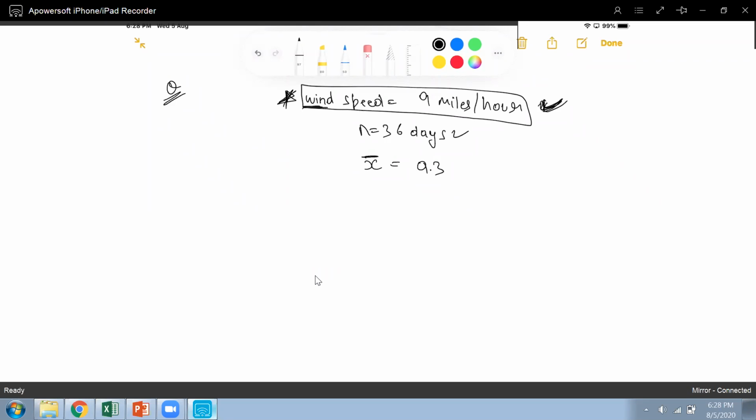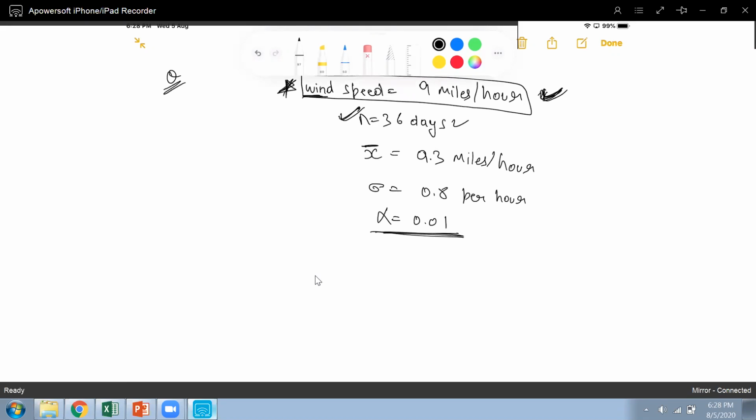But a researcher came and did the test for n equal to 36 days, and then he found the average wind speed was 9.3 miles per hour. And sigma, the standard deviation, is 0.8 miles per hour. We take alpha to be 0.01. So what I need to find is whether this wind speed has changed from 9 to 9.3 after doing the testing.